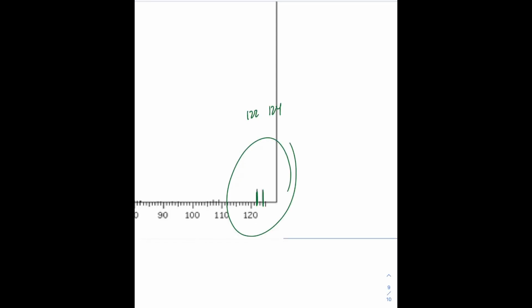All right, so what we need to remember is that this is an M plus peak, and this is an M plus 2, right? And so what do we need to look at next? Well, these are actually approximately 1-to-1 ratio for the 122 and 124. And so that tells us that we have a bromine in there.